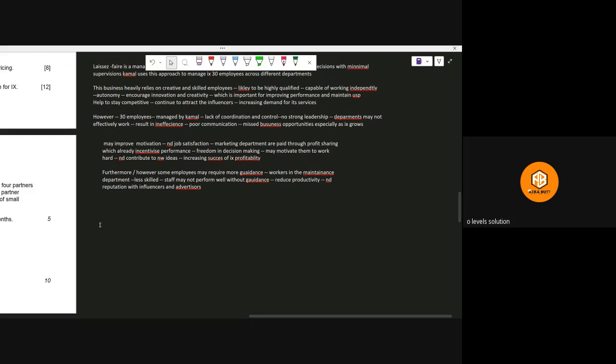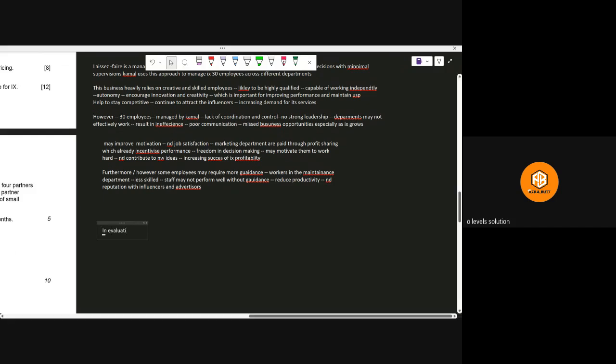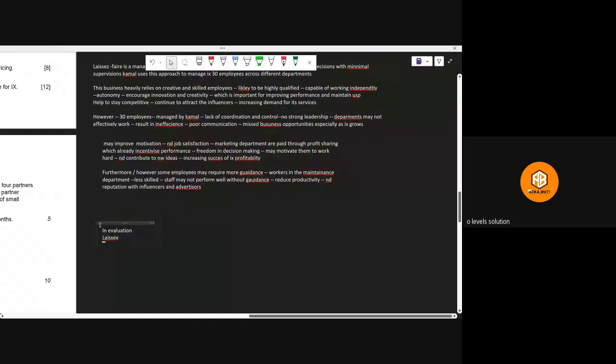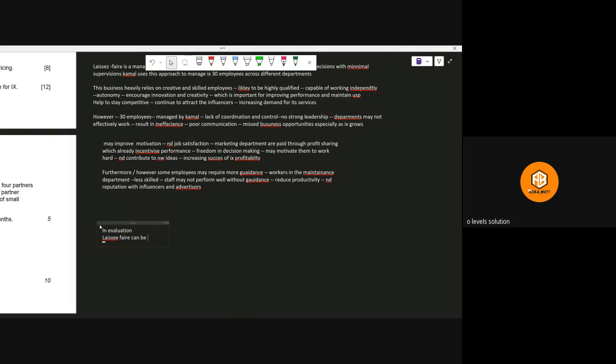So in conclusion, like in evaluation, we can say that while laissez-faire can be beneficial, because it will encourage creativity and motivation in a knowledge-based business, it may not be the most appropriate management style overall.